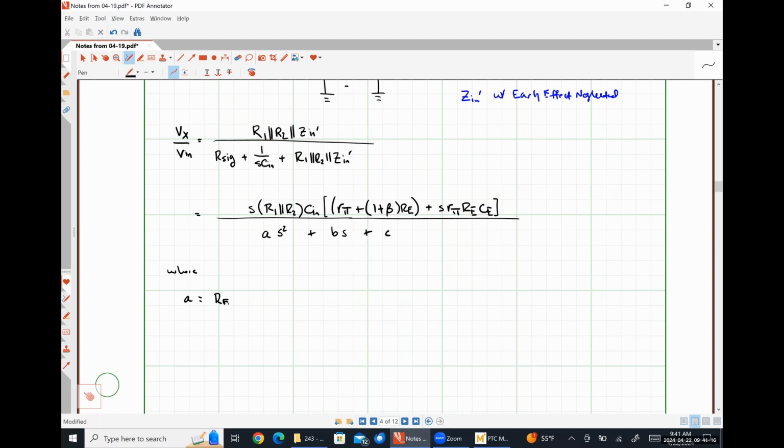A is Re times R sig times R pi plus R1 in parallel with R2, plus R pi times R1 in parallel with R2.